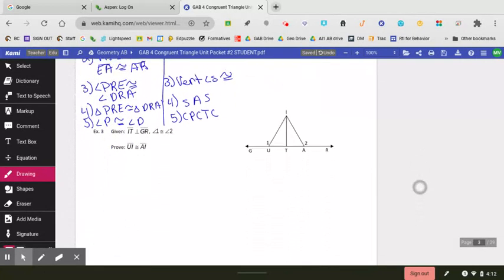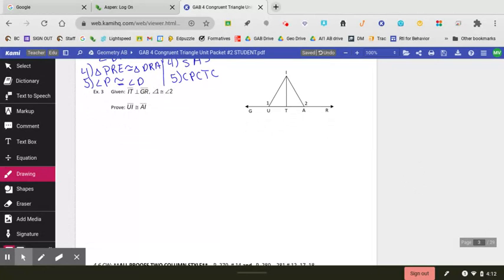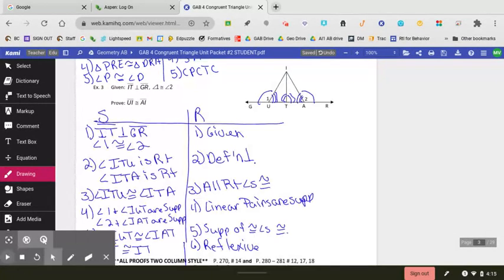So again, we're going to look at number 3. So I'm going to pause and do it, and you come back. Okay, so this one, again, I stated my givens, and then I looked at my first given, which is IT is perpendicular to GR.